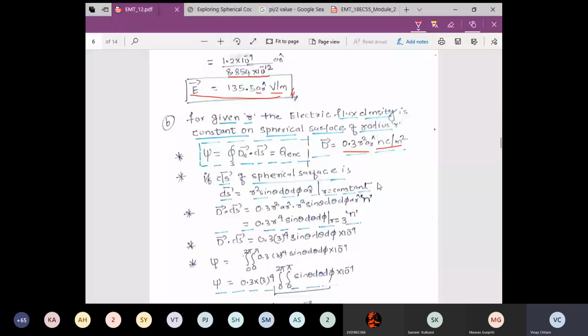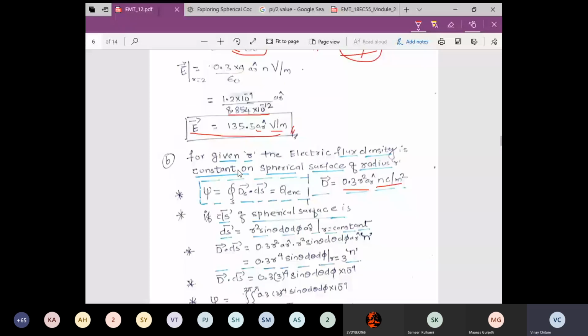Now for this given problem, for a given r, the electric flux density is constant on a spherical surface of radius r. Because if I fix the value of r as say 2 or 3, you will see that D will become a constant.